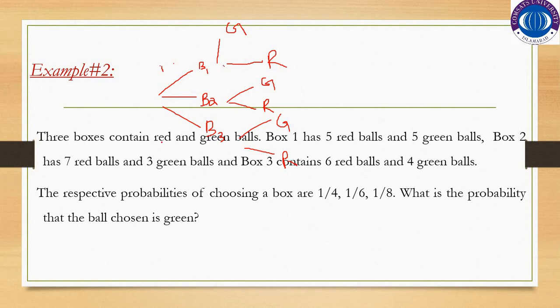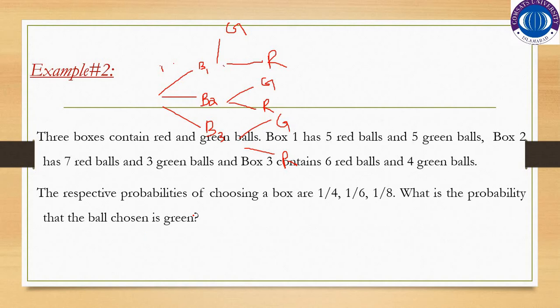So what this T diagram is indicating: box 1 is selected, either green ball will come or red ball will come. Box 2 will be selected, either green ball will come or red ball will come. Now, what's your concern? Your concern is the choosing of the green ball.